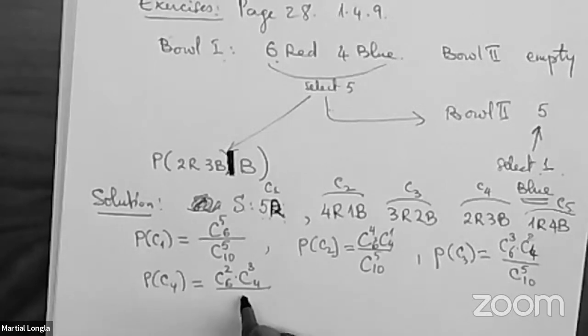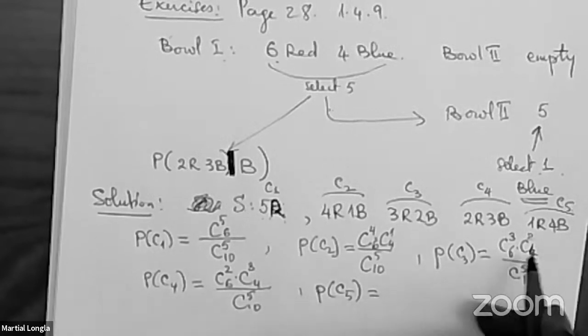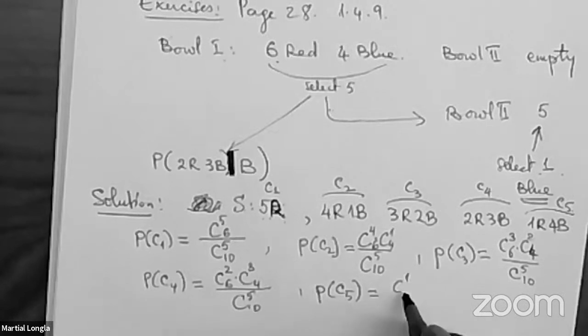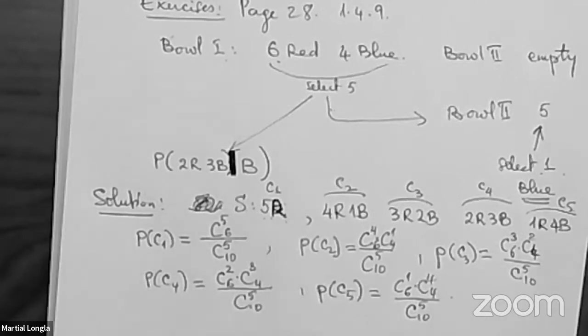And the denominator is the same. Then you have P of C5, which is choose 1 red out of 6, and then choose 4 out of the 4 blue. And the denominator is still the same. So this is the chance of having separately each of the portions of the sample space.